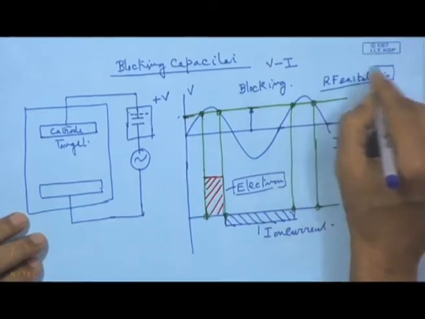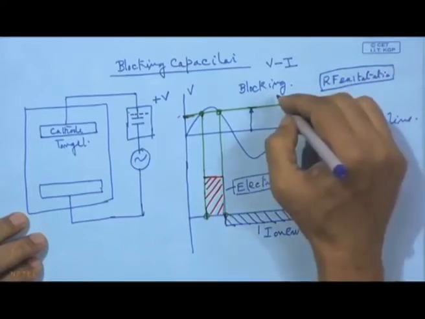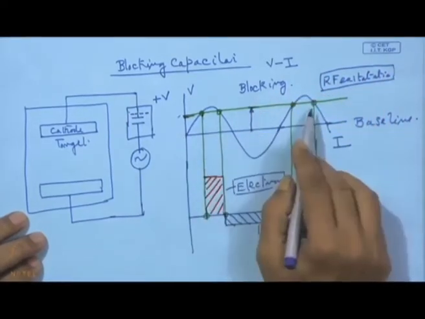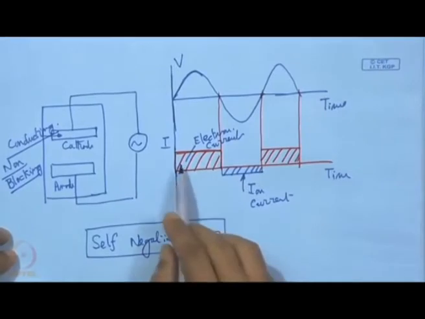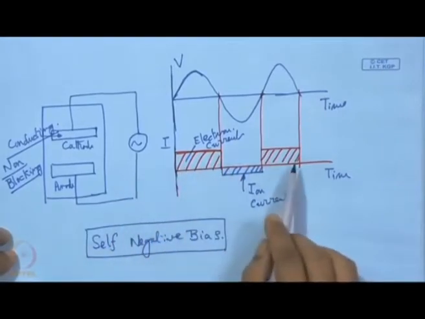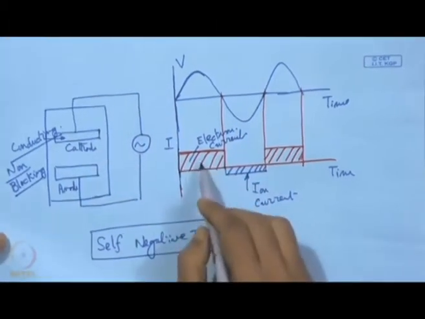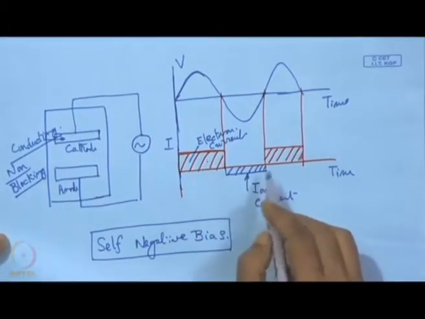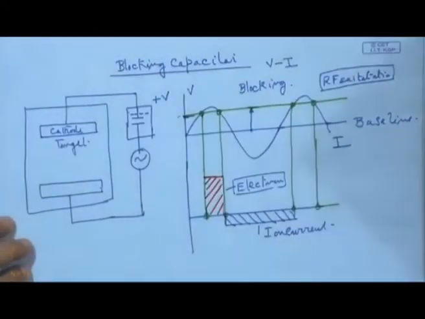When it is subjected to this RF excitation, a blocking electrode should behave following these V-I characteristics, and when it is non-blocking, there is a flow of current through this circuit, and in this case the electron current and ion current are not numerically equal.